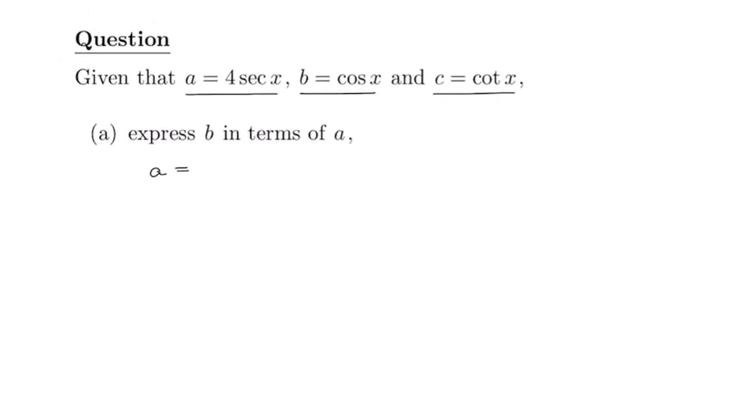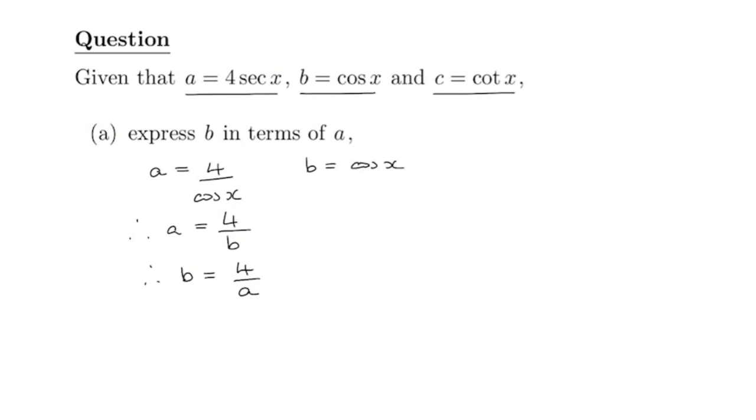So we've got a equals 4 over cos x, because of course sec x is 1 over cos x, and we know that b is cos x, therefore a must be 4 over b, and we want b in terms of a, therefore we can cross multiply, so we get b is 4 over a.